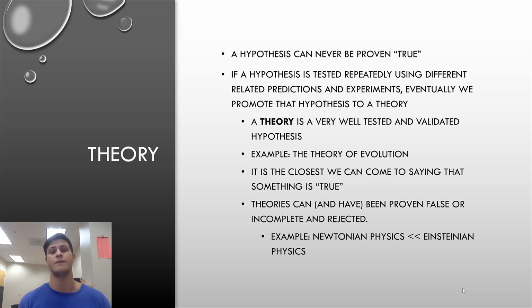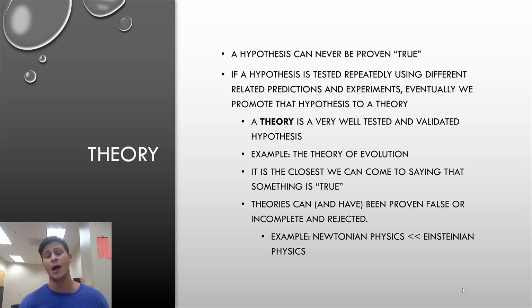And so as a result of that, we promoted the hypothesis of evolution to the theory of evolution, because that hypothesis had been so rigorously tested and it was never proven to be false, that we began to rely on that theory for the basis of future scientific information.